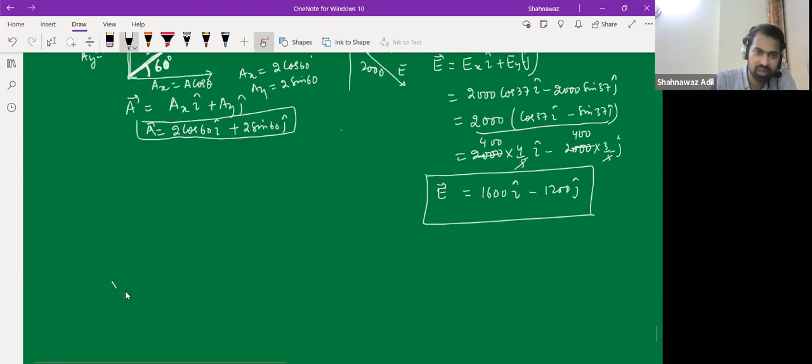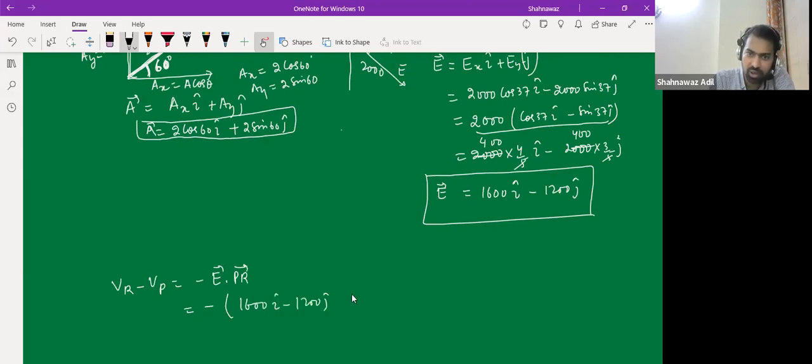VR minus VP would be minus E dot PR vector. So this is minus of 1600 I hat minus 1200 J hat dot 5 by 100 I hat. So only I will survive.